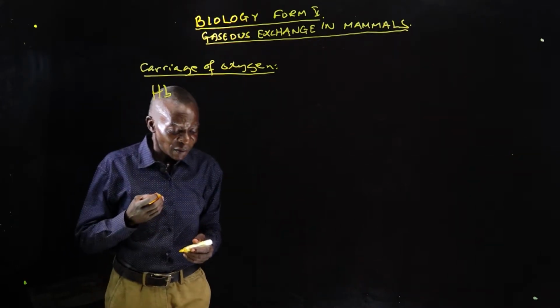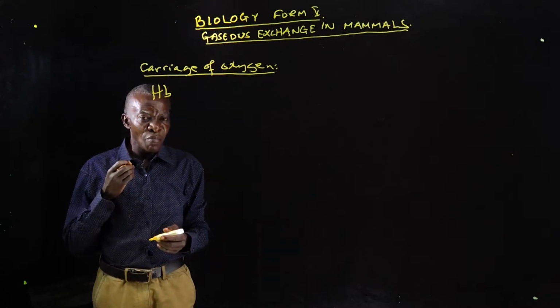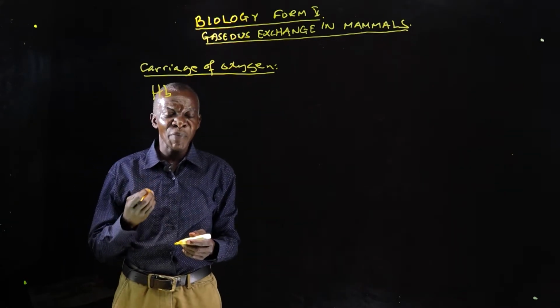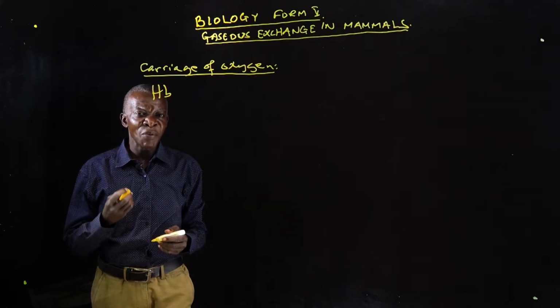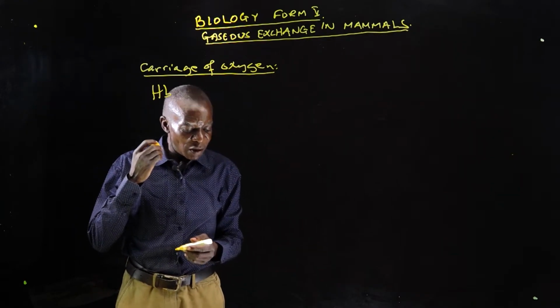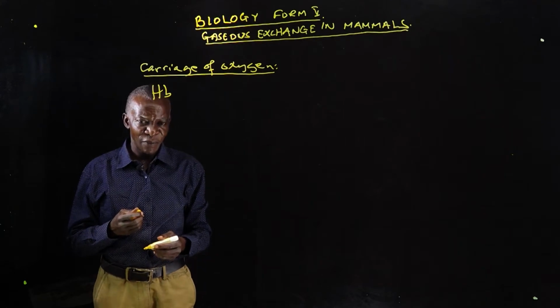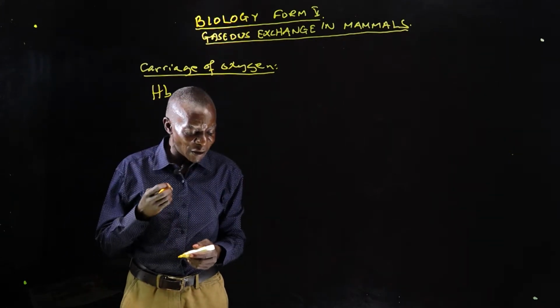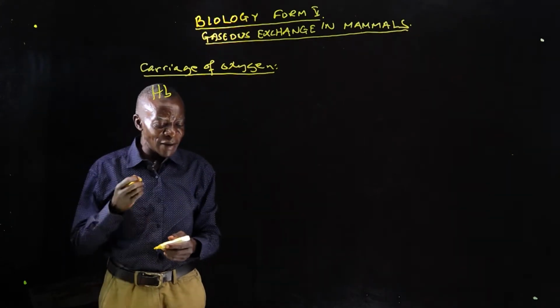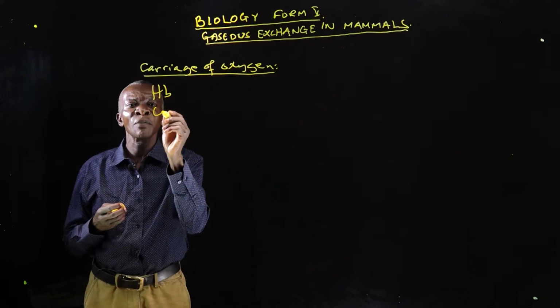Hemoglobin is a compact molecule made up of 4 interlocking subunits, and these interlocking subunits are identical conjugated proteins.